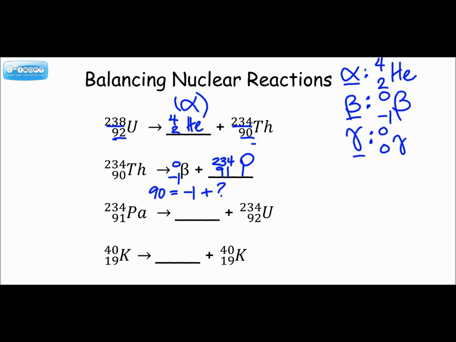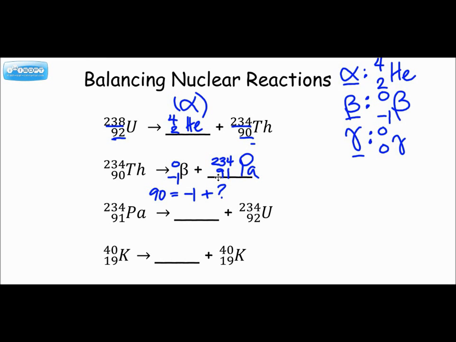That's going to be protactinium. So lo and behold, if you notice, this product is this reactant. So what we're doing here is we're actually looking at the first 3 steps of how uranium-238 changes.